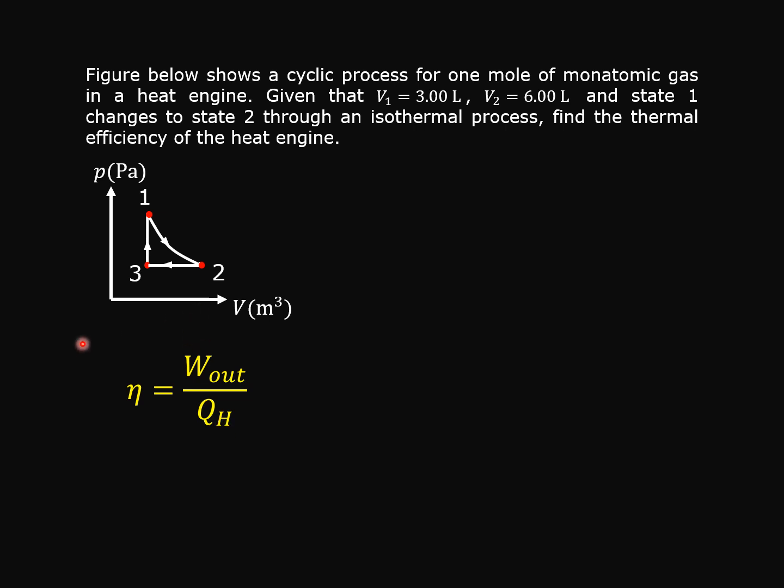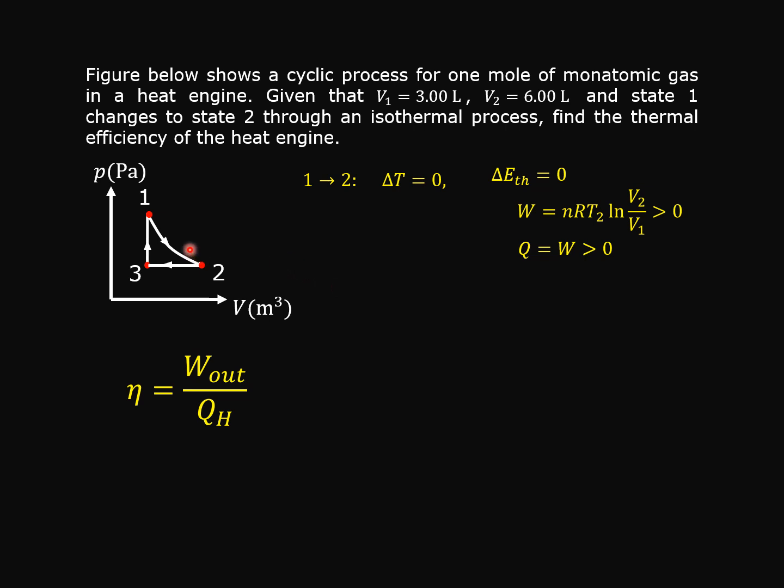That means we need to analyze for these 3 processes the work done involved, and also the heat transfer that takes place in these 3 thermodynamic processes. To do that, we can apply the first law of thermodynamics to find the work done W and the Q for each of the 3 processes.